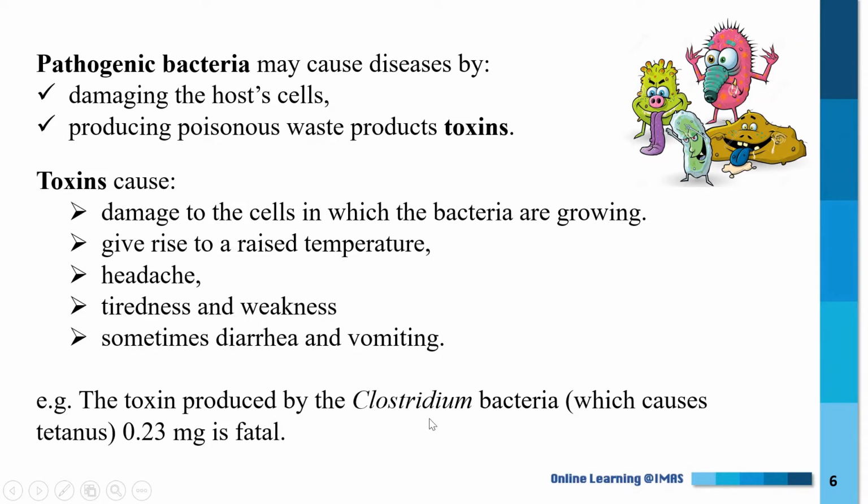So when you hurt yourself with something rusted, or a piece of glass or a piece of metal, you have to get the vaccination against this bacteria. If not, you will have this disease called tetanus, and a very small amount of this toxin can be fatal. The vaccination for this Clostridium bacteria can last for 10 years.